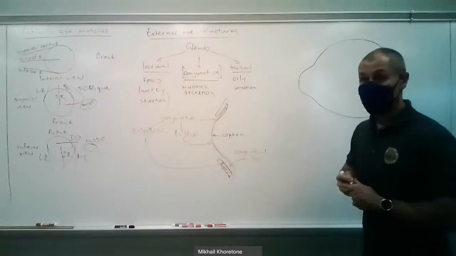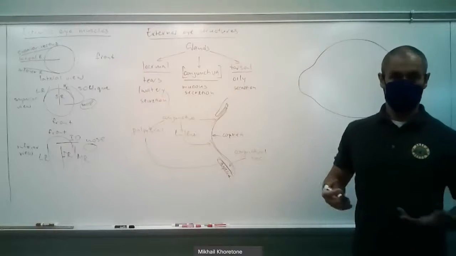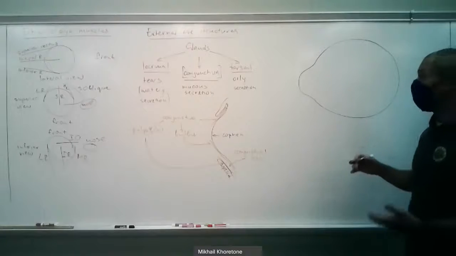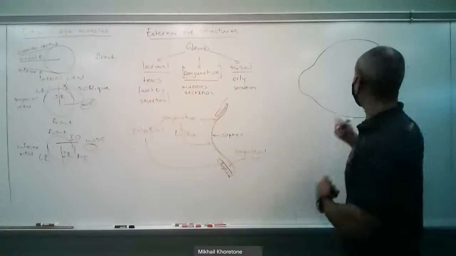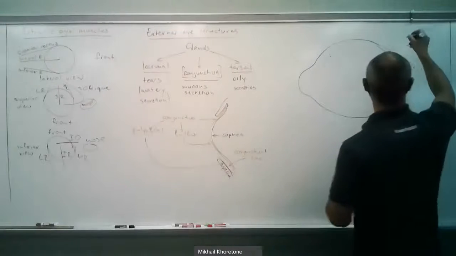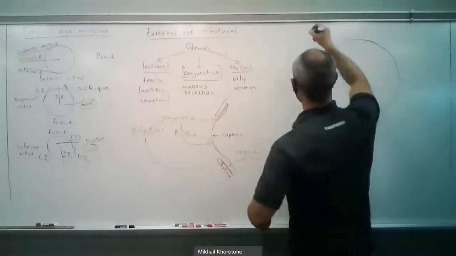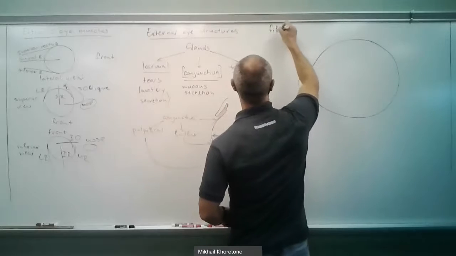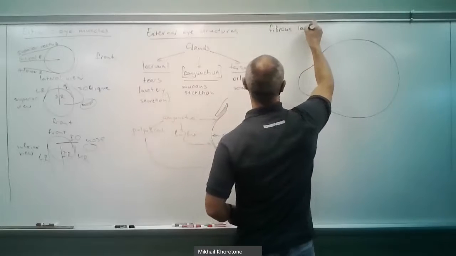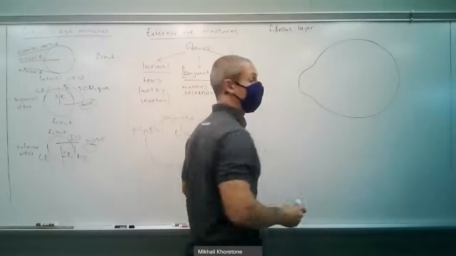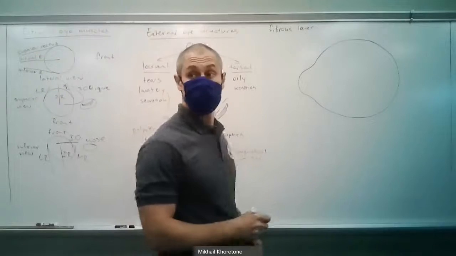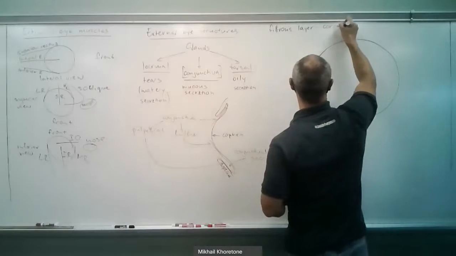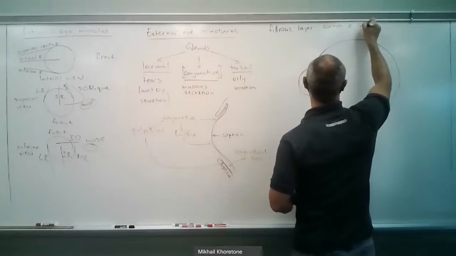We're going to draw the different layers of an eye, starting with the outermost layer, which is the fibrous layer. The fibrous layer consists of the cornea and sclera.